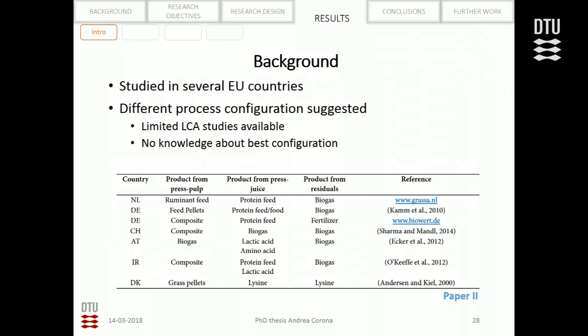The concept of Green Biorefinery has been studied in several EU countries and in several EU projects. And different process configurations have been shown, as you see in the table. For example, different products from the press pulp have been suggested, or from the press juice, or from the residuals. But there are limited LCA studies, and also there is no knowledge about which is the best configuration possible.